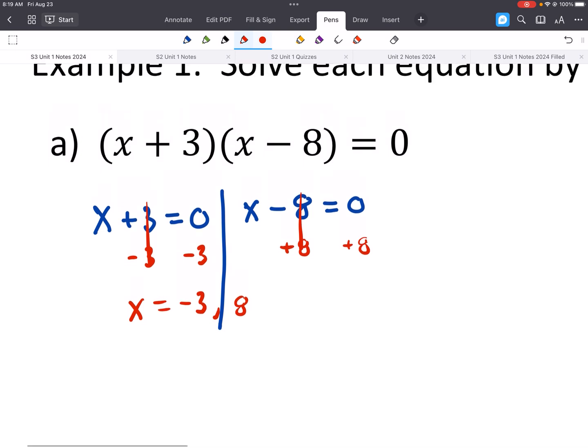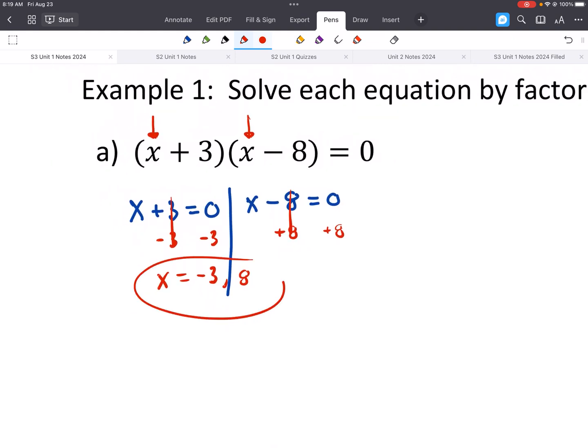I've also had students say, so are we just changing the sign of these constants? And you can kind of think of it like that, but really what's happening is, again, we're trying to figure out what x needs to be for that factor to go to 0. Okay, so the x would have to be -3, and this x would have to be a +8. Okay, so that would be our solution.